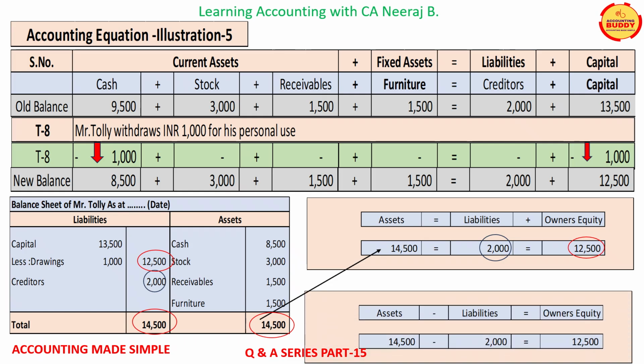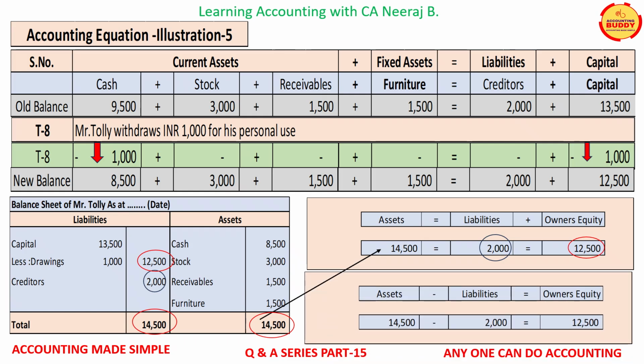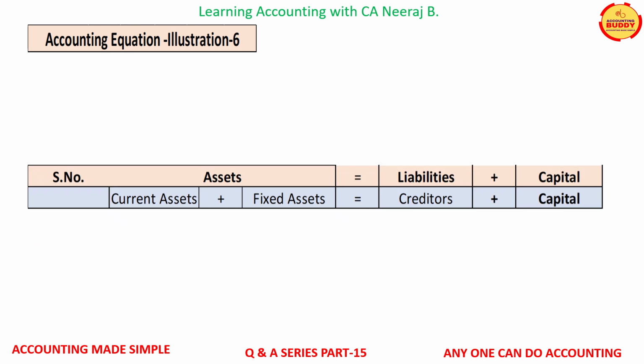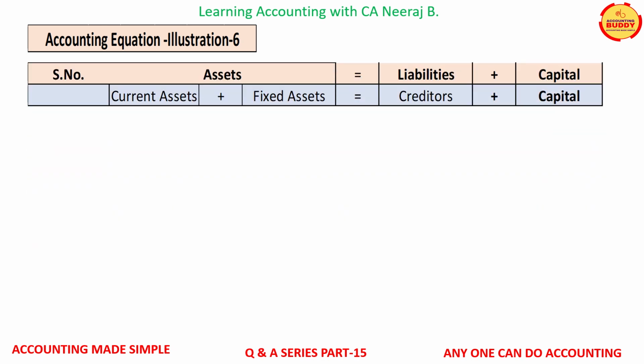Or in other words, owner's equity of 12,500 is equal to the total assets of the business 14,500 less the liabilities of 2000. I sincerely hope we have understood the concept of accounting equation and its relationship with the balance sheet. Let us further strengthen our understanding of accounting equation with a few more business transactions.